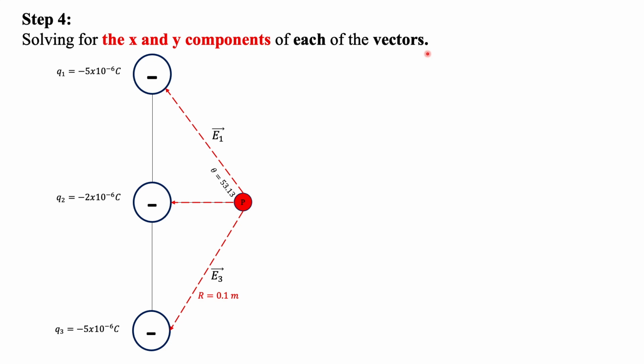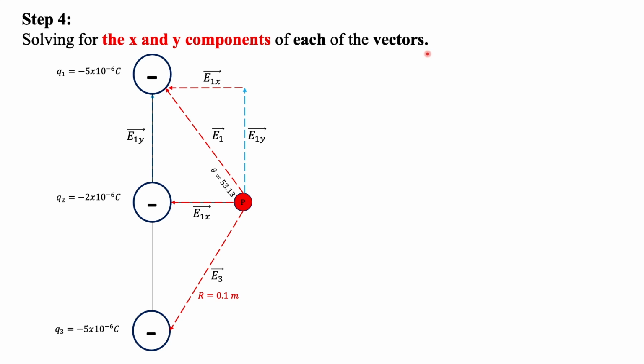Notice that this portion over here is the x component of this first electric field vector. This one, the blue line, is your electric field along the y component. And this one is also the x component of the electric field 1. And the blue one is also the y component of the electric field 1.